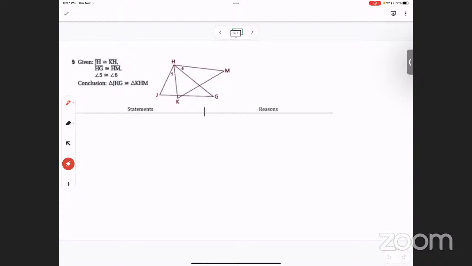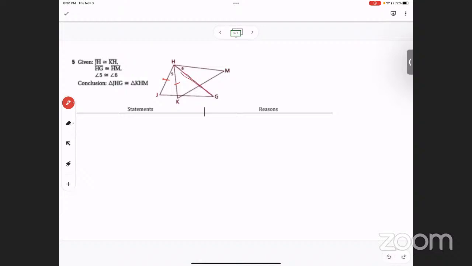Okay. So this next one says JH equals KH. GH equals, well, that's kind of hard to tell. Let's color it.